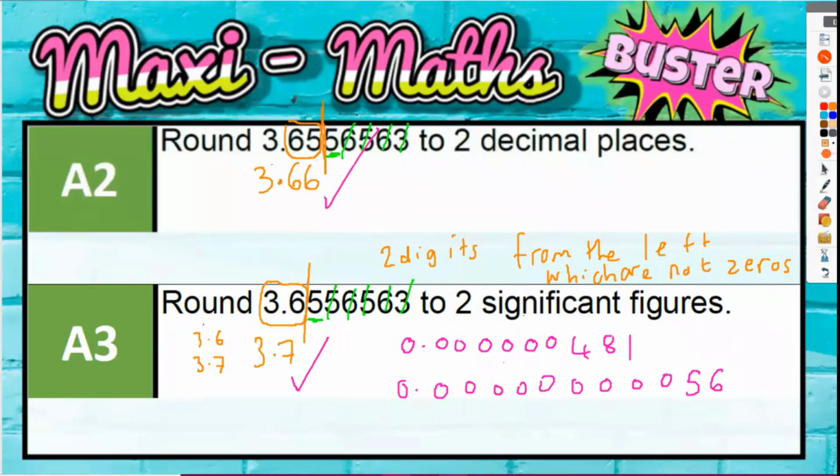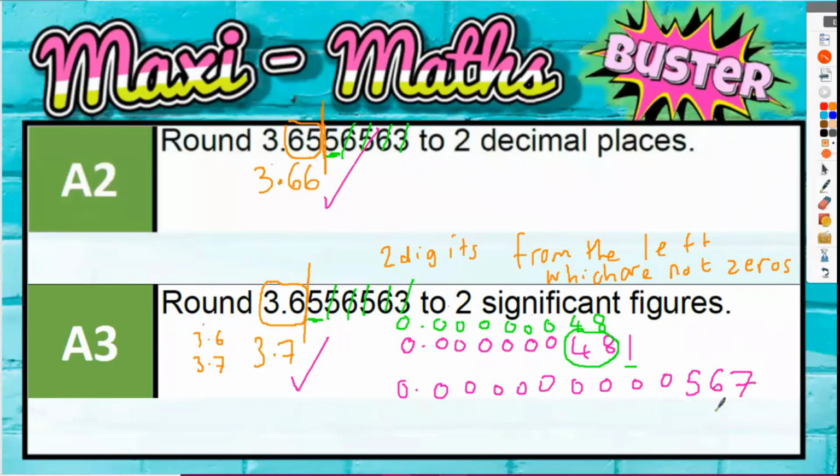So the first 2 digits which are not zeros, let me just put another digit on that second one, 7. The first 2 digits which are not zeros in this long one here that ends in 481, if you go past all the zeros, it's 48. And it's the 1 that would affect what would happen. The 1 is less than 5, so the 48 would stay as it is. And you would keep all the zeros in as well. So to 2 significant figures, that one would become 0.48.